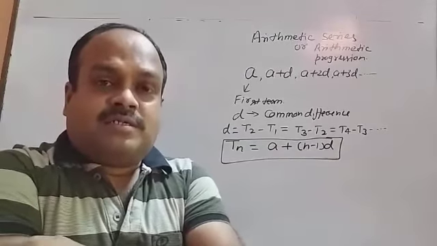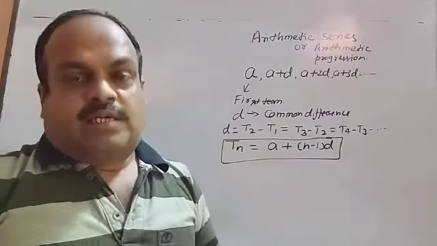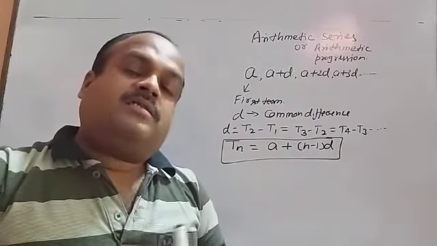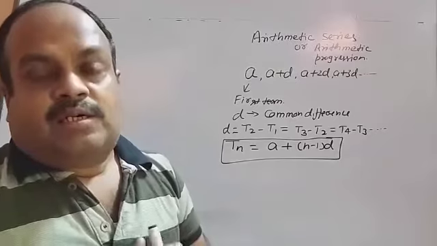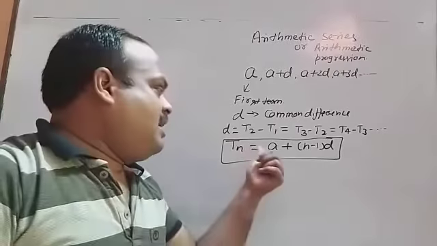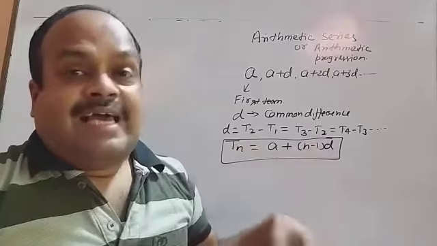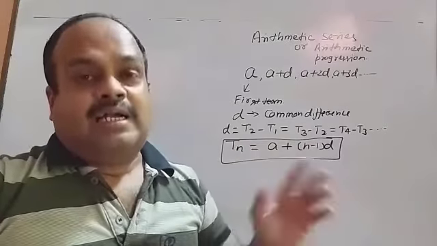Suppose we want the term at the 20th place, then the value of n will be 20. If we want the number placed at the 10th place, the value of n will be 10, and the formula will be a plus 9d, because 10 minus 1 becomes 9.